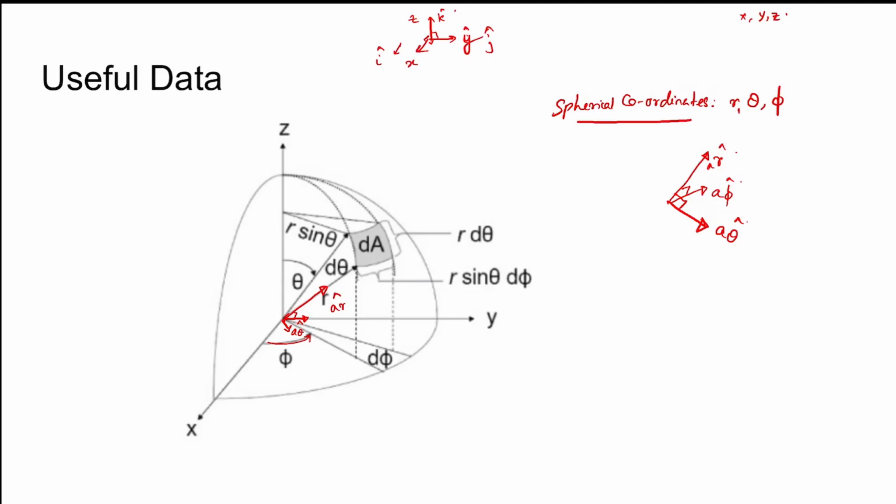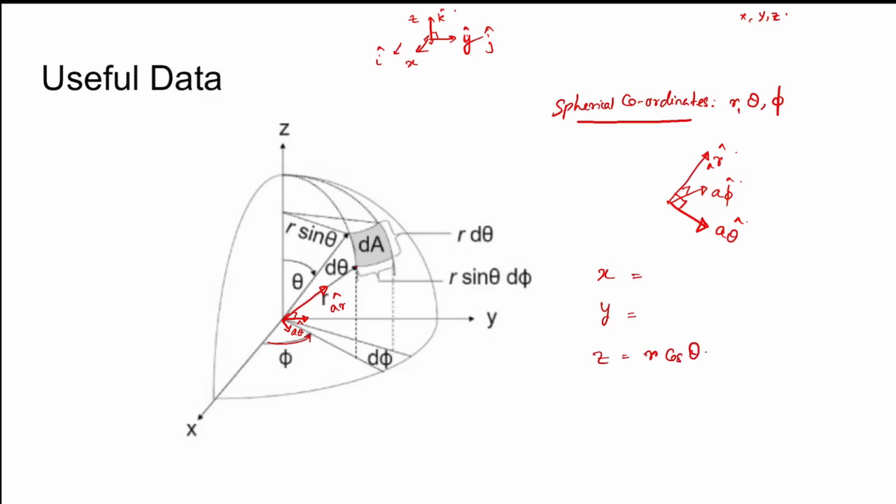Now we can also see that x, y, z can be determined from r, theta and phi. Z is r cos theta.